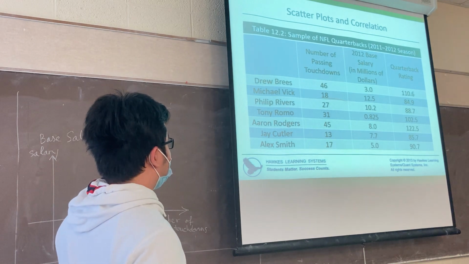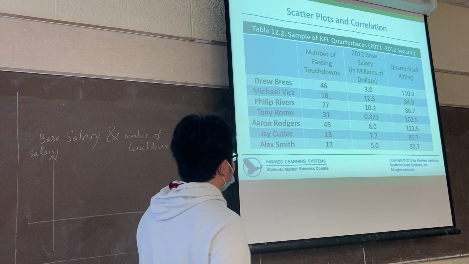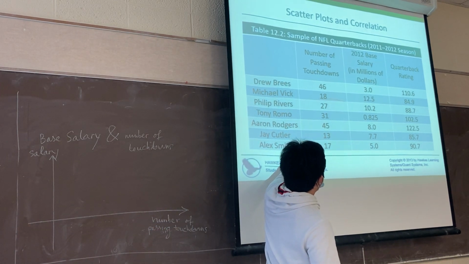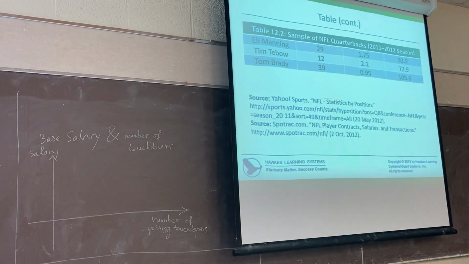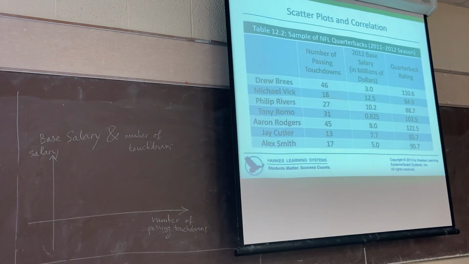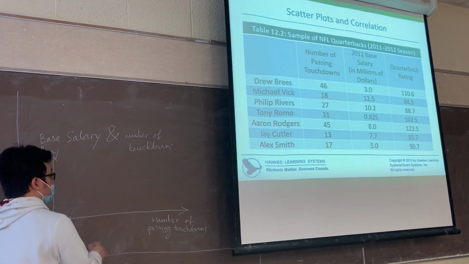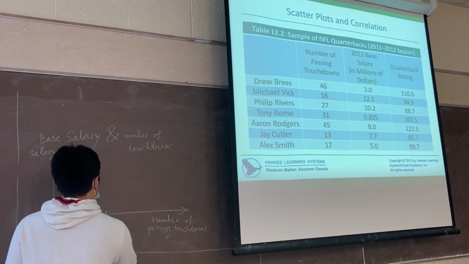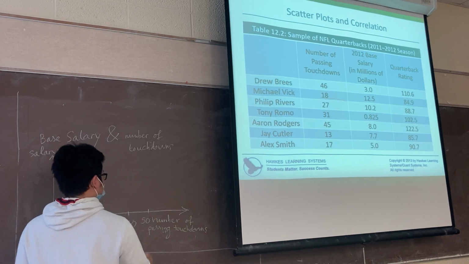For the number of passing touchdowns, we will look at the minimum value and maximum value. In this column, we see the maximum value is 46, right? And here the minimum value is 12. So we can choose this one as 10, right? 10. And the maximum value is 46, so we choose 20, 30, 40, and 50.